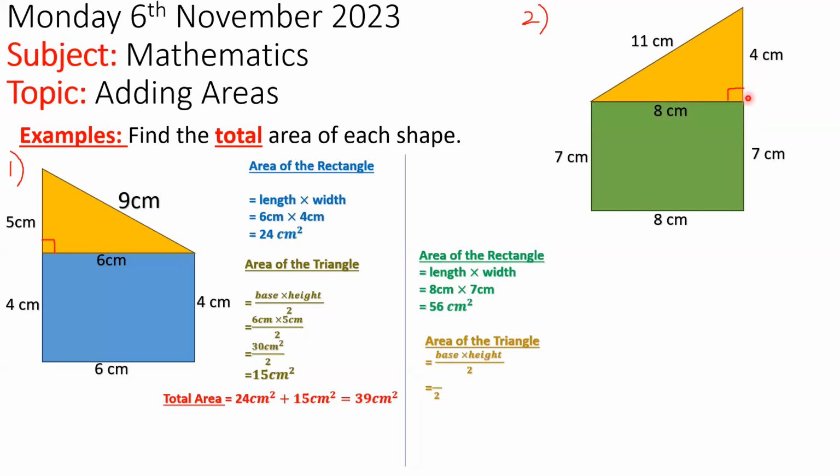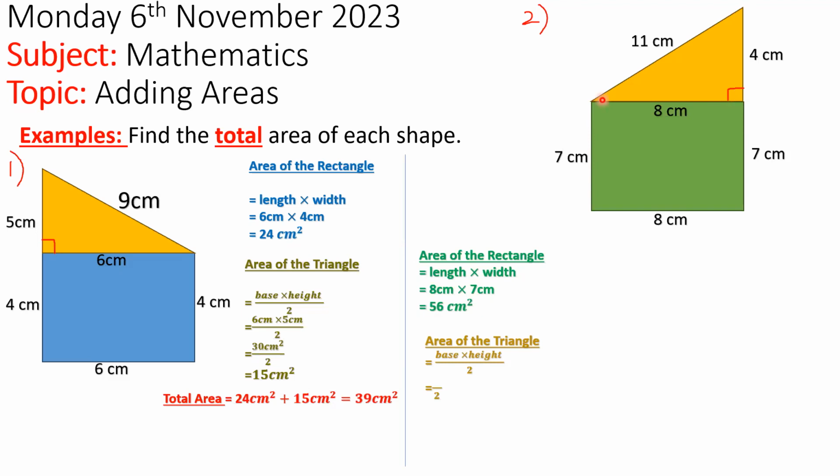And 4 would be the height. So the base and the height are perpendicular lines. They are perpendicular to each other because a right angle is between them. So the base is going to be 8 centimeters and the height is going to be 4. Do you understand me, Bri?